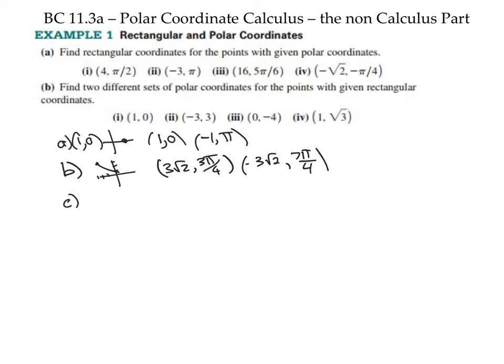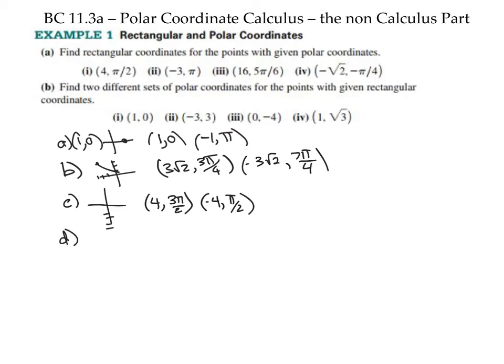For C, 0, negative 4. One obvious one is go 4 units in the direction 3 pi over 2. Another obvious one is to go negative 4 units in the direction pi over 2.